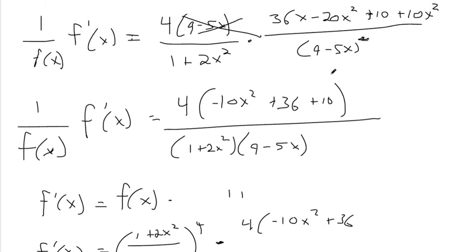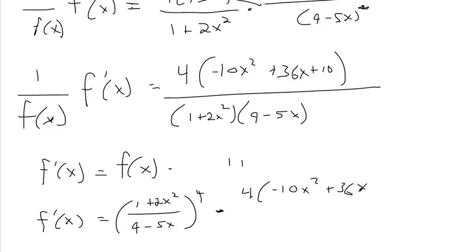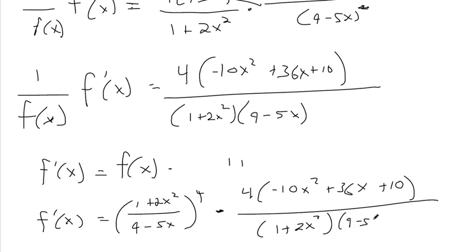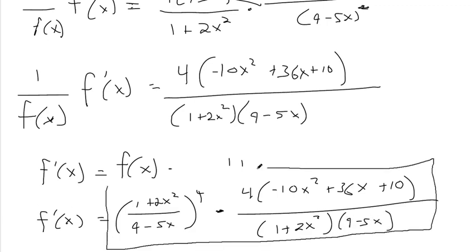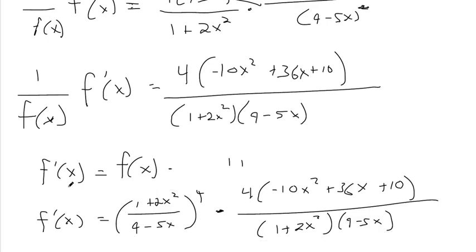Oh, I dropped an x. I'm sorry. So this is 36x plus 10 all over 1 plus 2x squared 9 minus 5x. So there's our derivative. You should be able to enter that in WebAssign and get the correct answer for these numbers in this problem.